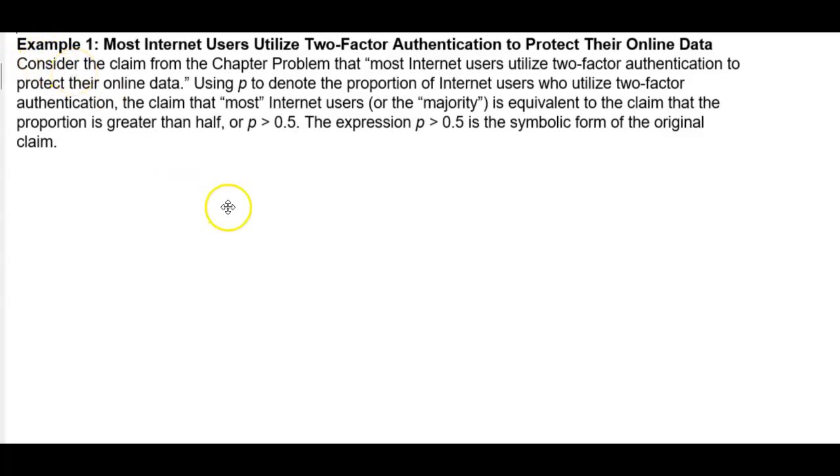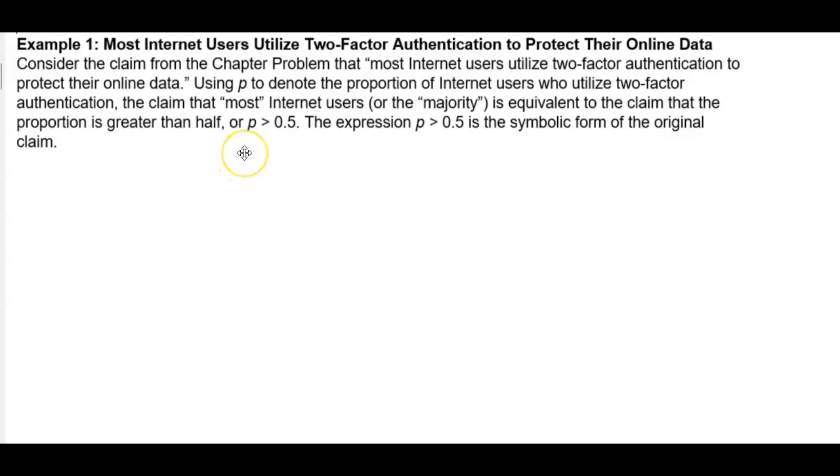Example 1. Most internet users utilize two-factor authentication to protect their online data. Consider the claim from the chapter problem that most internet users utilize two-factor authentication to protect their online data.